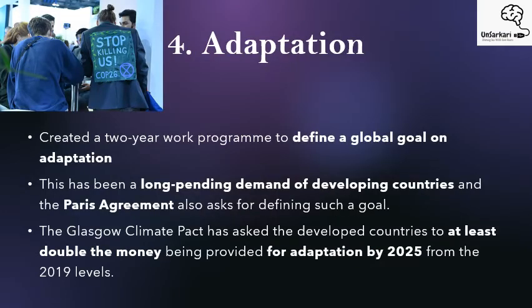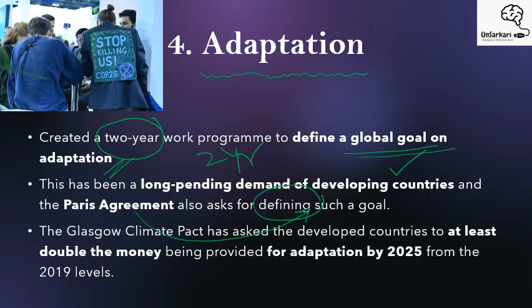Now in terms of adaptation, they created a two-year work program to define a global goal on adaptation. There has been a long pending demand of the developing countries under the Paris Agreement to define such a goal. Define how the world will be adapting.